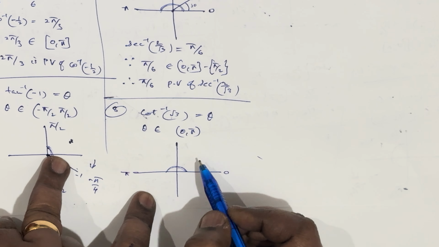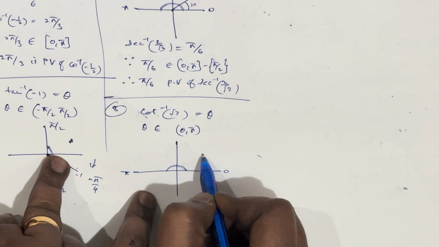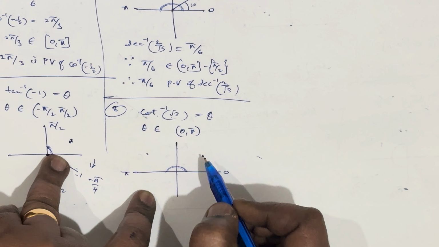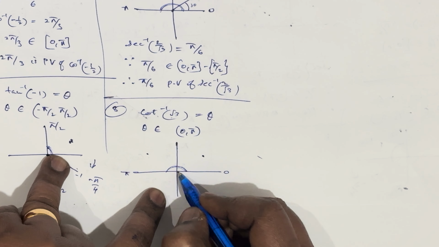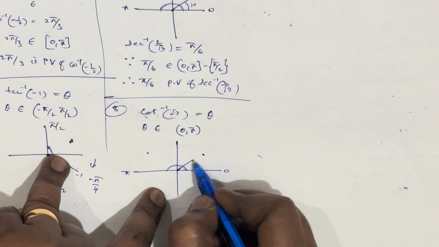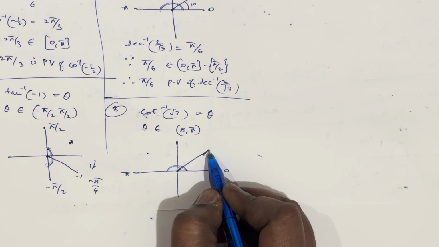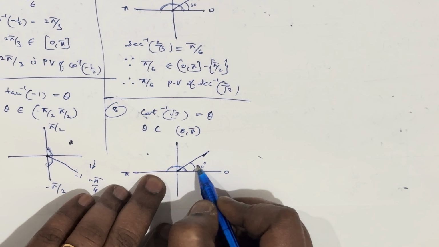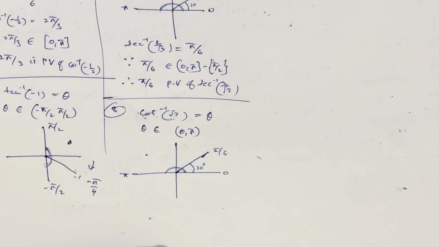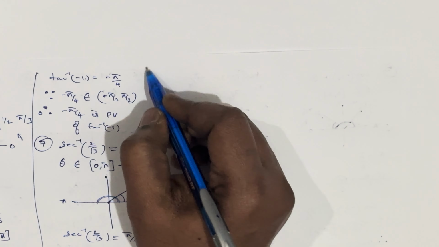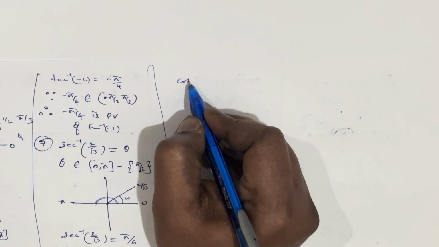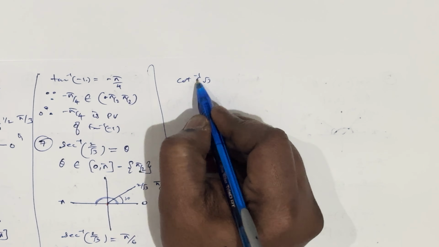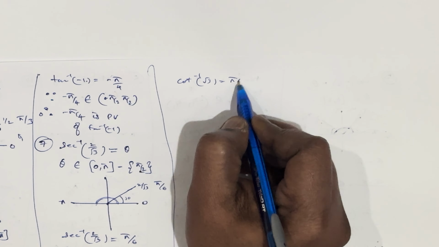Since this is a positive value, and we know that cot is positive here and negative here, it must exist in the positive area. So this is where cot exists. It's root 3. Cot of root 3 is again at 30 degrees, which is pi by 6. So you can write cot inverse root 3 is equal to pi by 6.